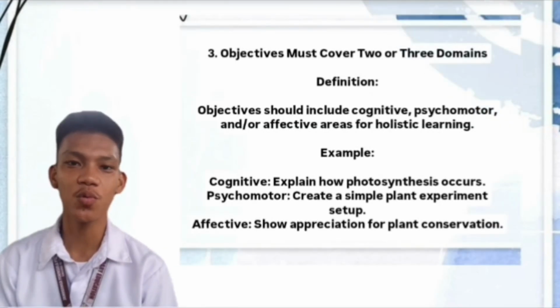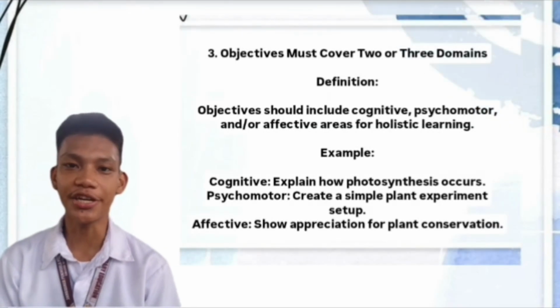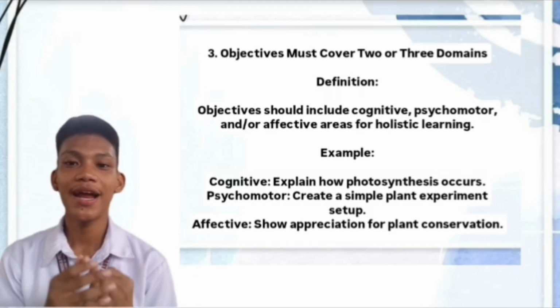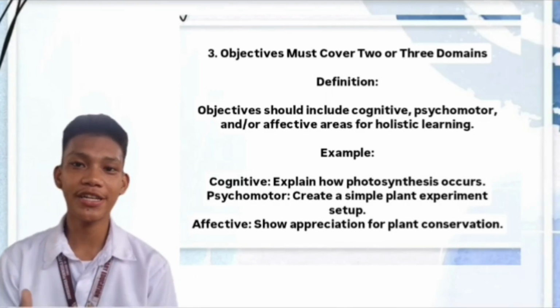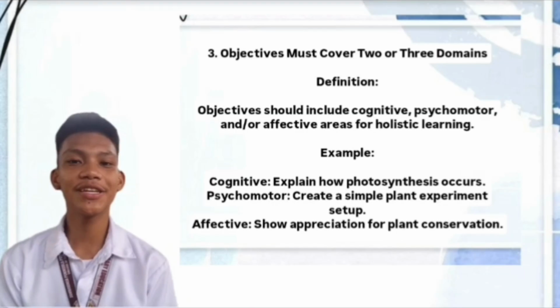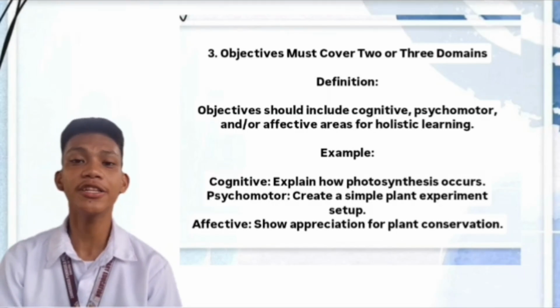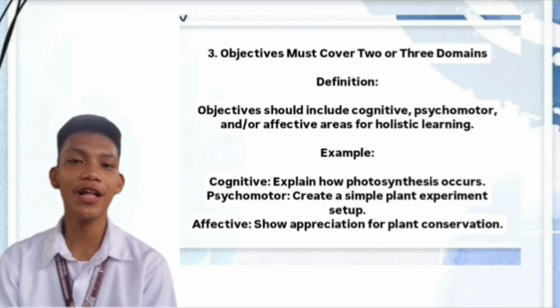The third principle is objectives must cover two or three domains in learning. Objectives should include cognitive, psychomotor, and/or affective areas for holistic learning. This means that we ensure students not only gain knowledge but also skills and values.